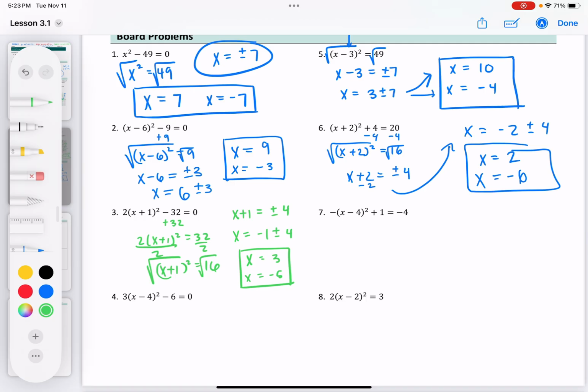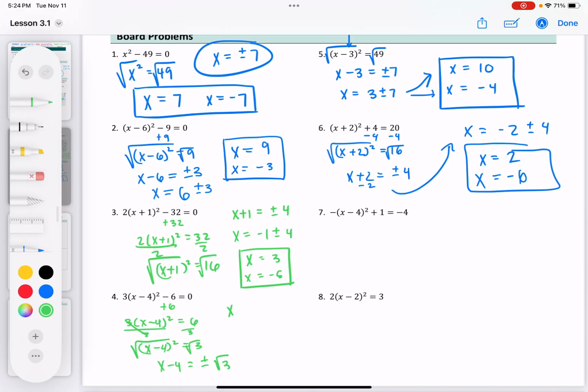Okay, let's go ahead and do number 4. So we add our 6 over first. Then we have to divide by 3 before we can square root. At this point, we'll square root it and get x minus 4 equals plus or minus square root of 3, because square root of 3 doesn't simplify.